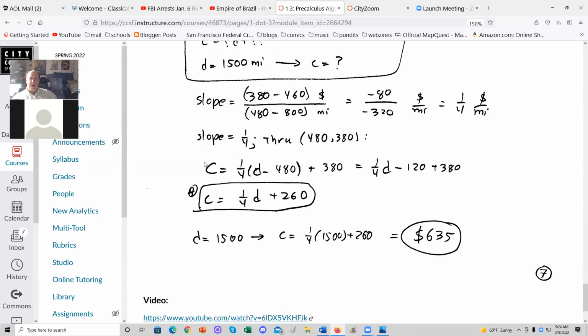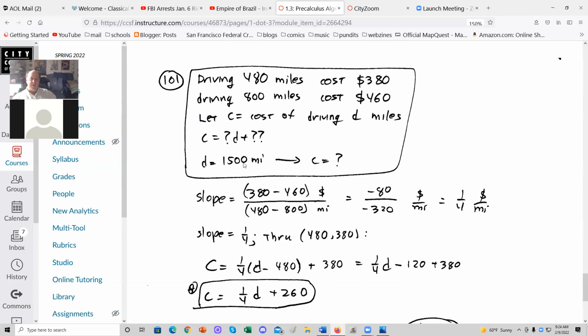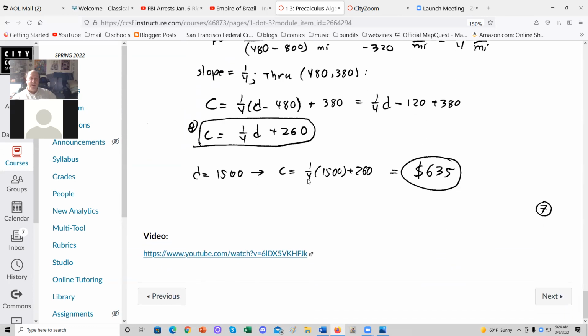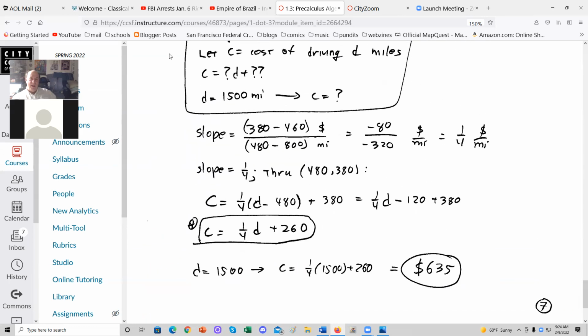So cost equals a quarter times (d minus 480), all that plus 380, which after a bit of algebra comes out to C equals 1/4 d plus 260. All right, there's a formula. So substitute 1,500 for d, and after a bit of work, it's $625. Okay, that's that.